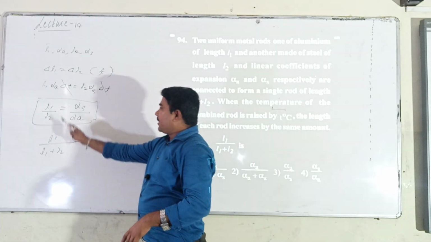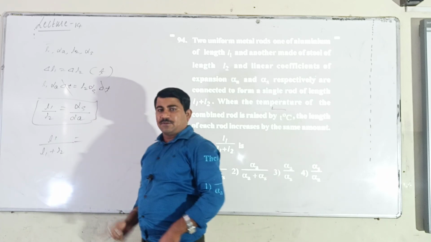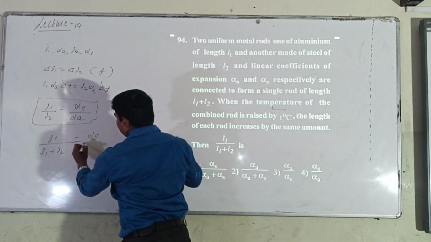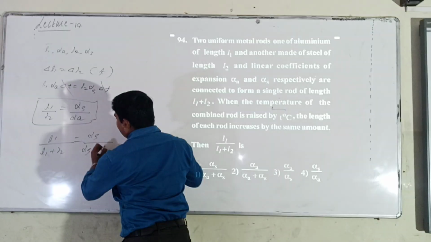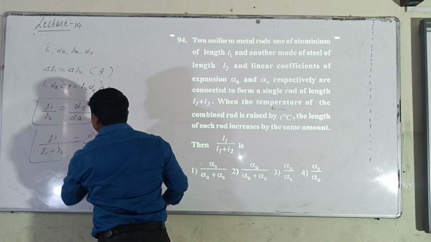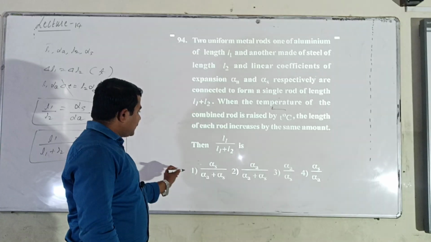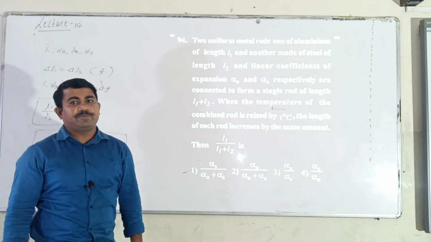See here, L1 can be replaced by alpha S, L2 can be replaced by alpha A. Just put all the values. So what relation is valid here? I hope the equation in option number 1 is valid. Option number 1 is valid.